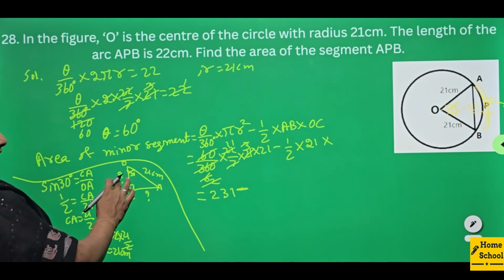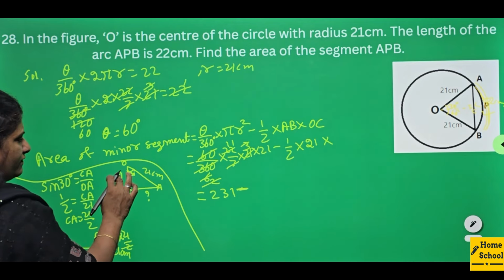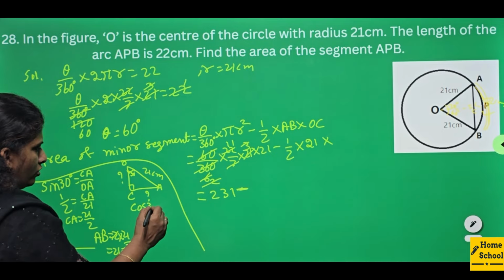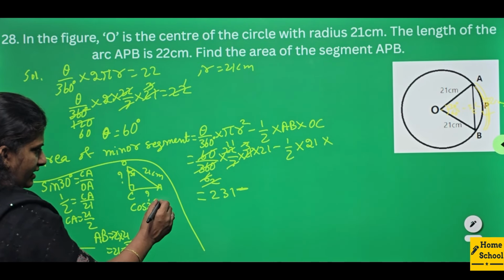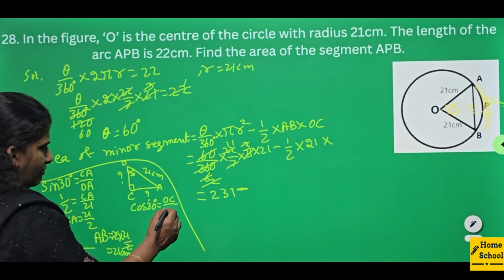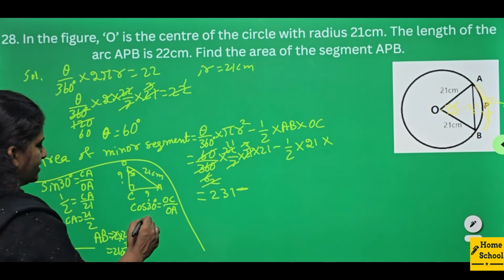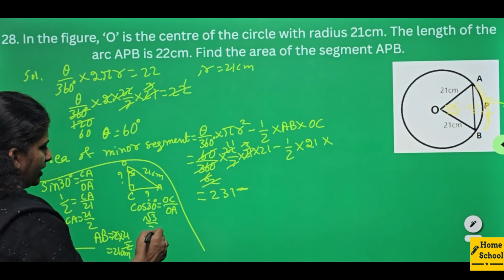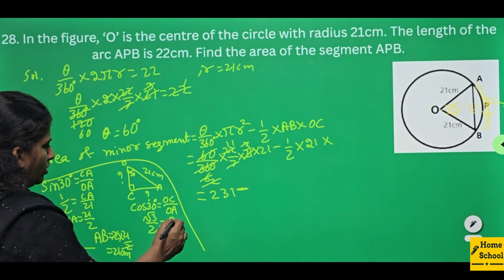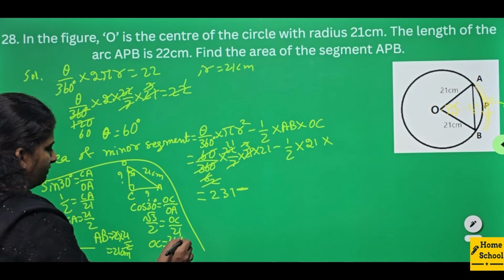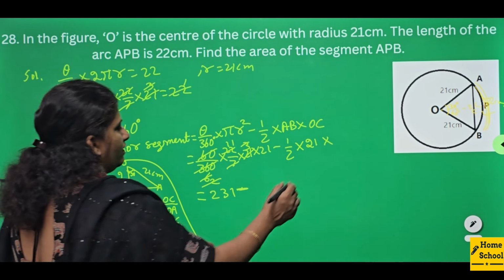Then what about height? Height if we need, for this acute angle, this is adjacent. Take cos ratio. Cos 30 degree is equal to adjacent OC by OA. Cos 30 value is root 3 by 2. OC we don't know. OA is 21. OC is equal to 21 root 3 by 2.